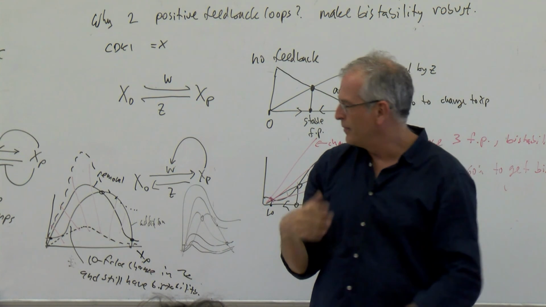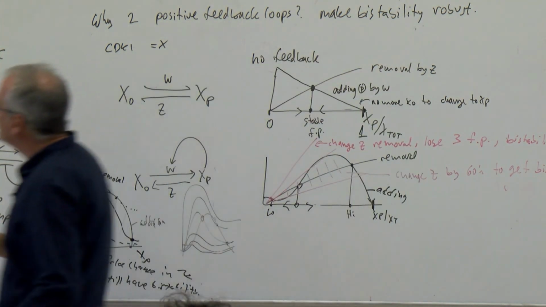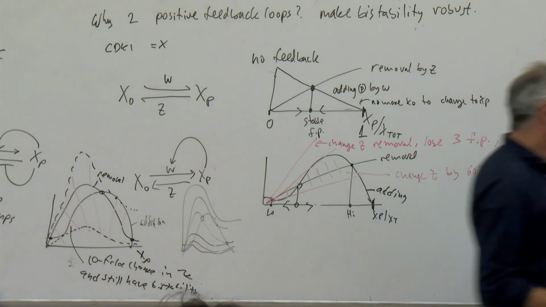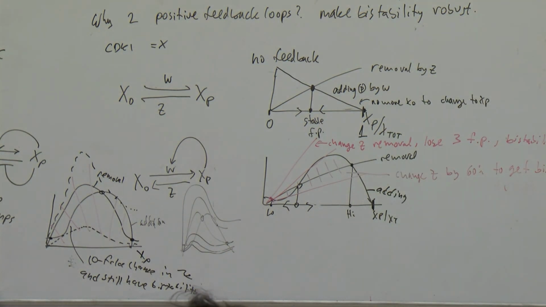And so just to summarize, we talked about 3 different kinds of oscillations. Basically, a delay oscillator, like a repressilator, where you have a feedback loop with at least 3 things. We talked about noise-induced oscillation, where you have a damped oscillator.